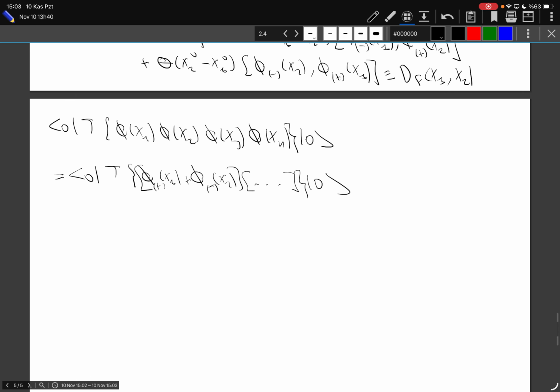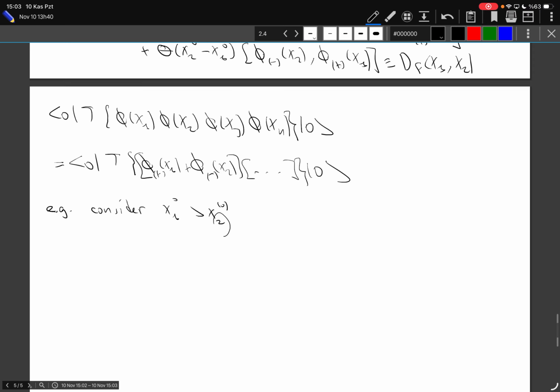Let me, just as an example, say x10 is larger than, let's say, x20. Or even, let's say, x30. Then I will have some terms. I don't know what they are. I mean, if x20 is even larger, those terms will be even more towards the left.